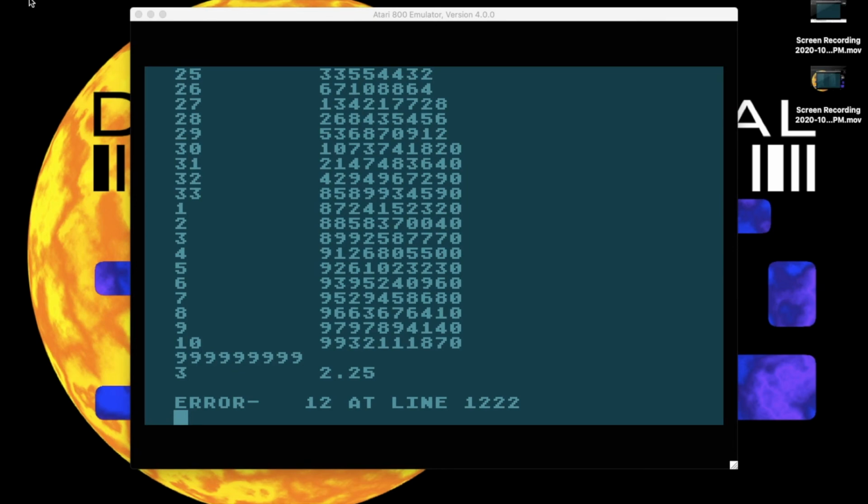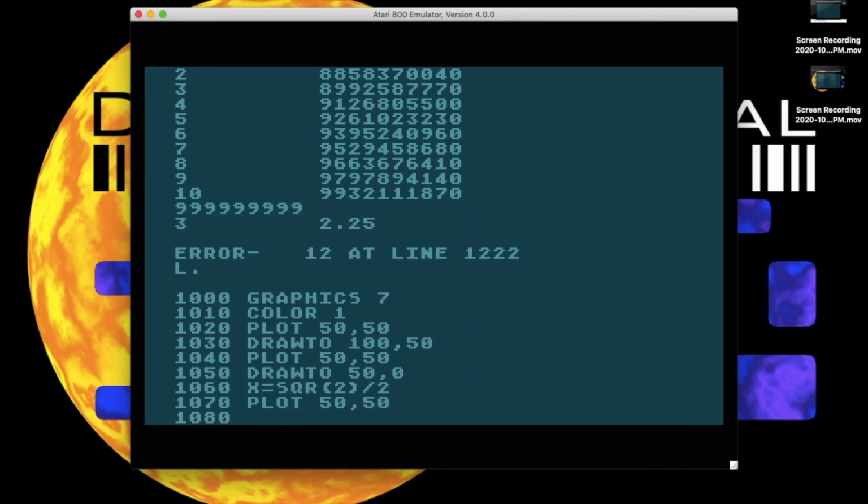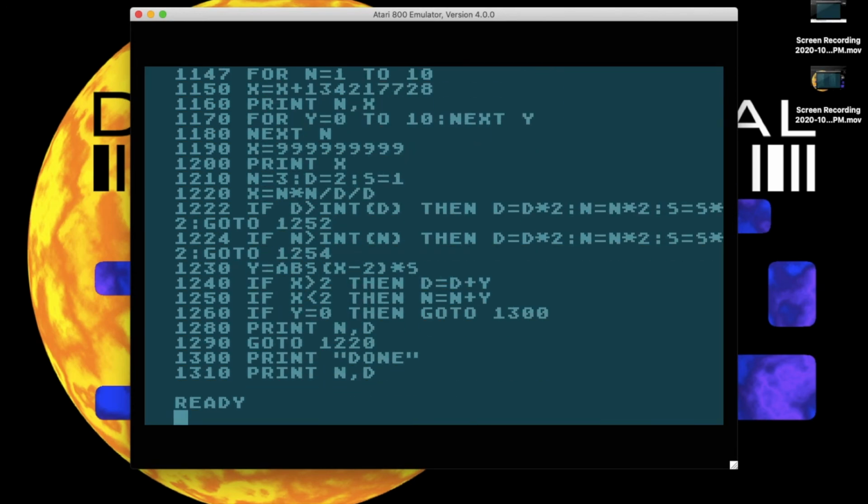It's line 2222. Okay, I think I know what I did. I moved the lines, but I didn't move the numbers. Yeah, I still say the wrong place. 2221, 2222, and then 1224.